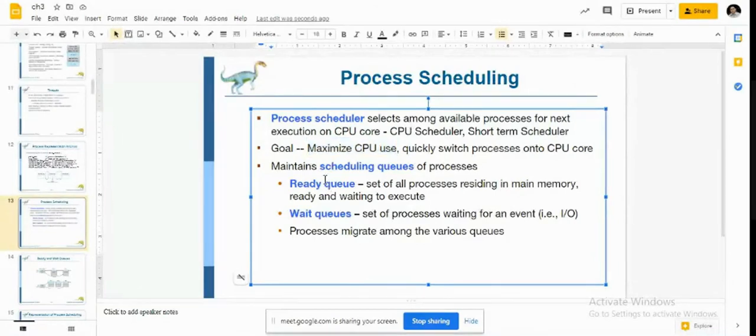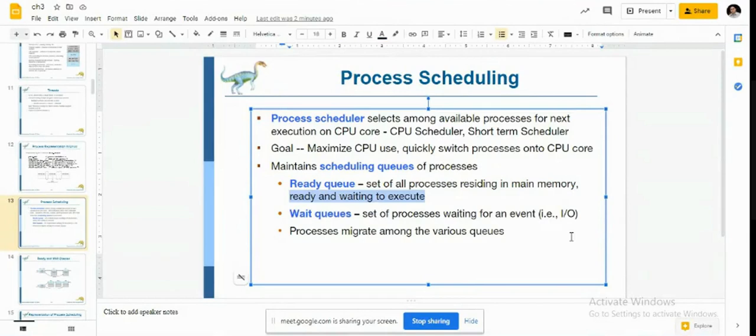Again, you have to maintain the scheduling queues. आपको दो क्यू मेंटेन करनी पड़ेगी, रेडी क्यू एंड वेट क्यू. रेडी क्यू एंड वेट क्यू, it is a queue. व्हाट इज द रेडी क्यू? Set of all processes residing in memory, in RAM, which are ready and waiting for execution.